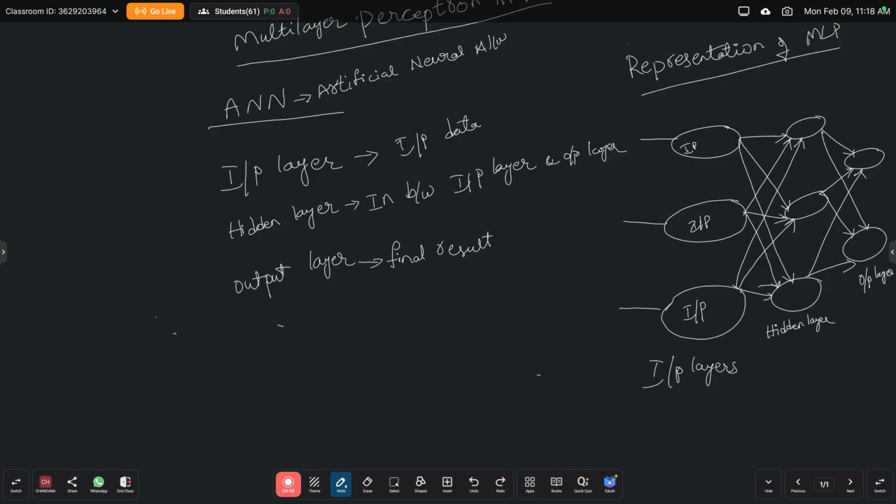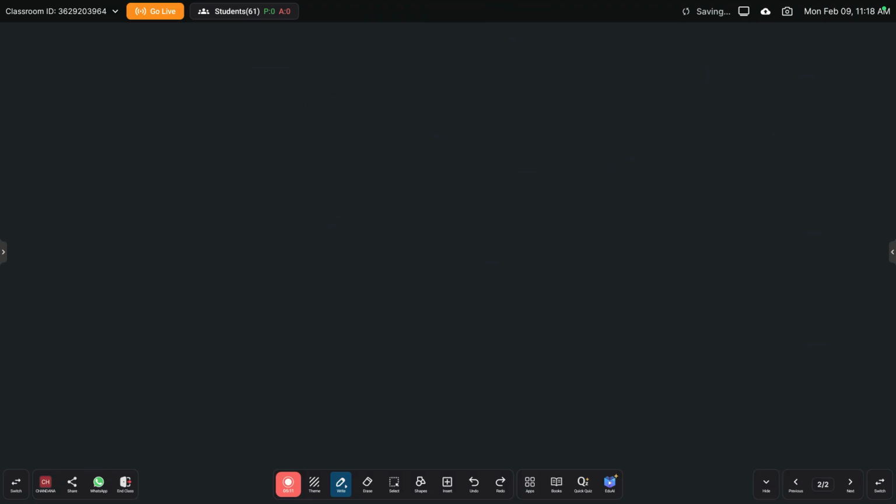Now I'm going to explain forward propagation and backward propagation in multi-layer perceptron. We need to follow some rules here in forward propagation.